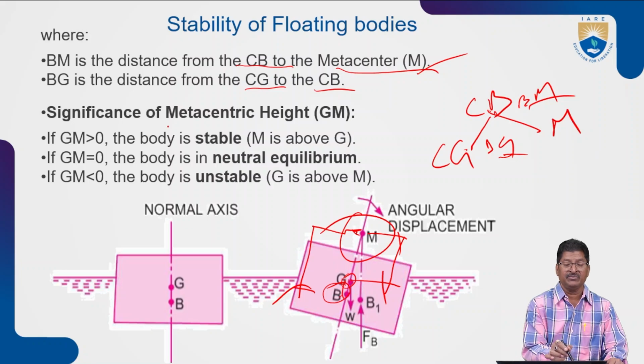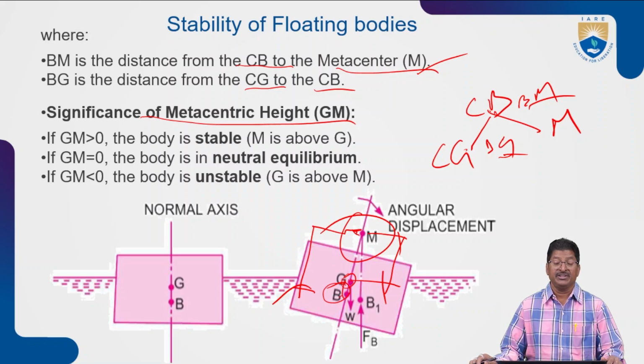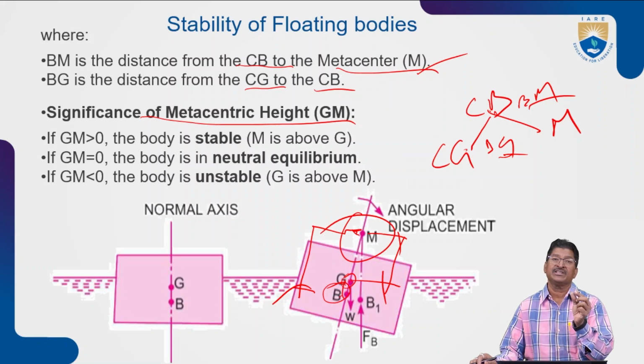So here is the significance of metacentric height. How will you find whether it is stable, unstable or in equilibrium based on the metacentric height? Metacentric height is the distance GM. G is the center of gravity of the body, M is the metacenter.